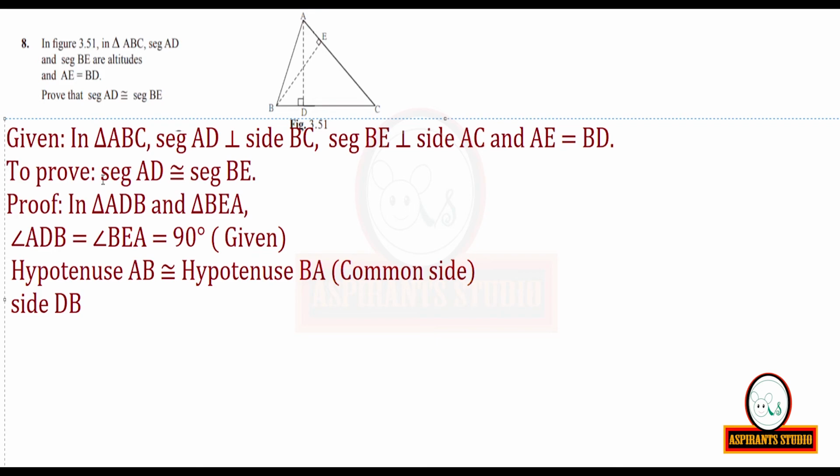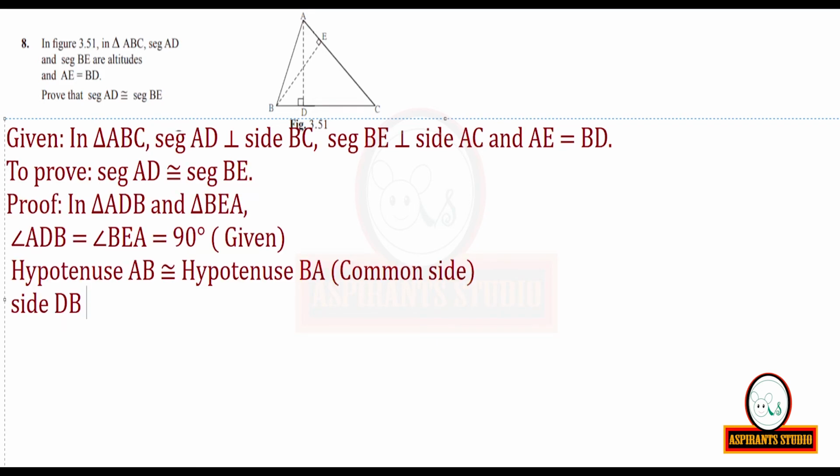Then you can find out that vertex A will correspond to vertex B and vertex B will correspond to vertex A. So hypotenuse AB will be congruent to hypotenuse BA according to the correspondence of the vertices. And you have to write the reason: common side.